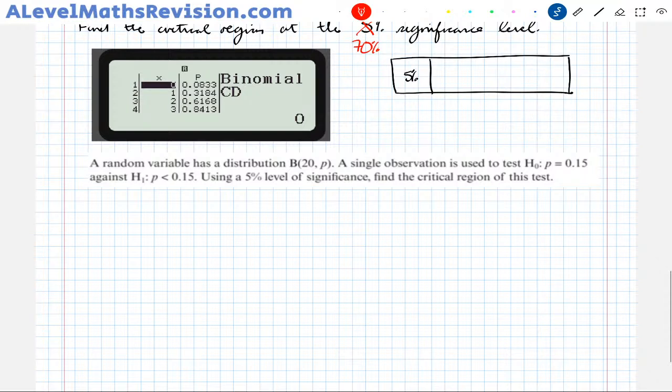So do exactly what I just did. Get your calculator, and it's another test for the left-hand tail. So use your calculator to calculate a load of less than or equal to values, and just see which ones lie below 5%. So take a moment to do that. I will do it myself in just a little while.